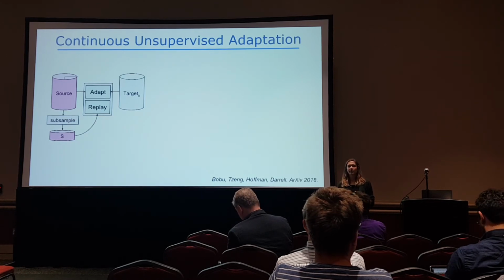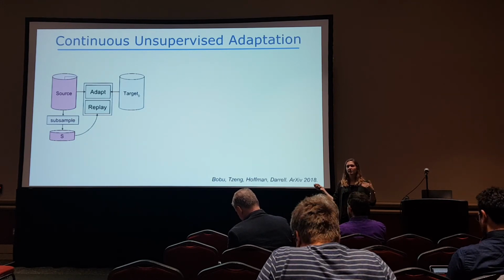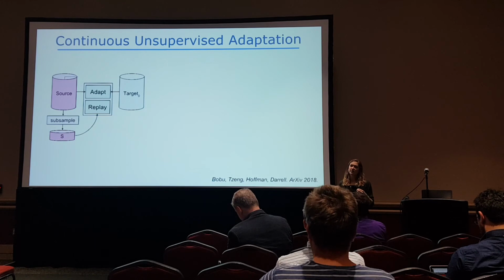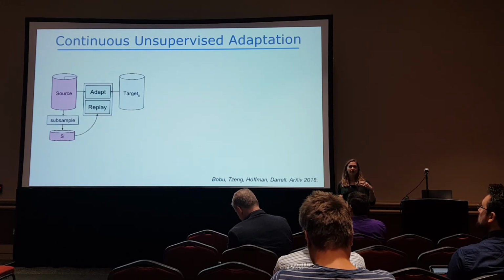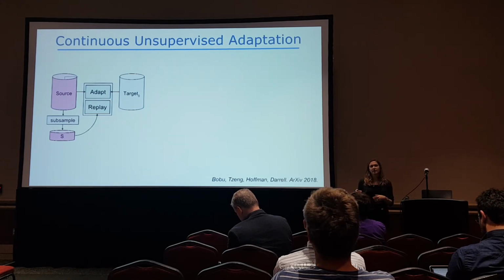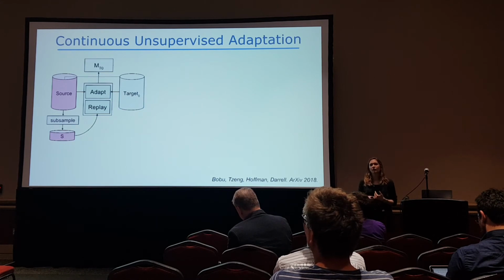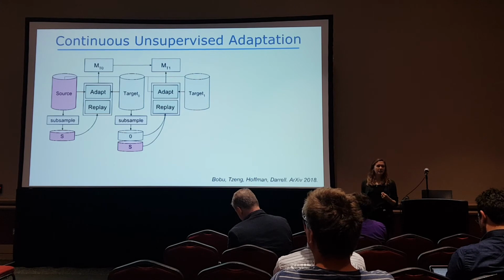So in order to make sure that you don't overfit to what you're seeing right now, they make sure to keep around old experiences that can be sampled at random, so that the model is robust to all of its old experiences. We're going to do something similar here, and this will provide us with the model for this first time step. Then as time progresses, this model just continues. We again can adapt to this new data as it comes in. We again keep around a small subsample.